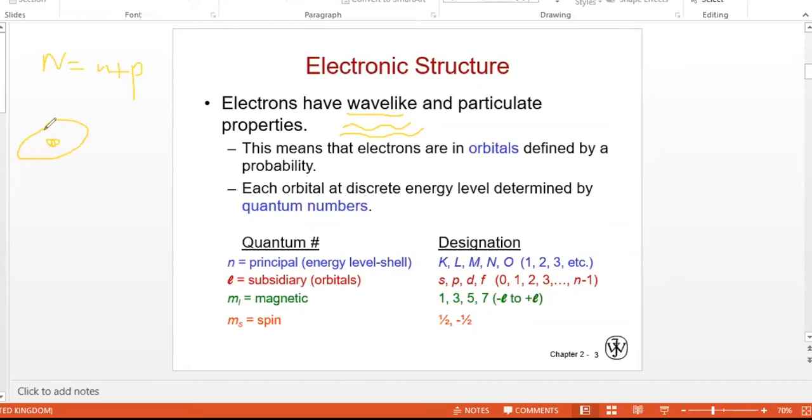So at this time, they will have wave nature. Since they are moving here and there, we just can't say the electron is somewhere here. We can't say, oh yeah, I found the electron, it is here, because it keeps on moving at a very fast rate. We can say the electron is in this orbit, but we can't say where.